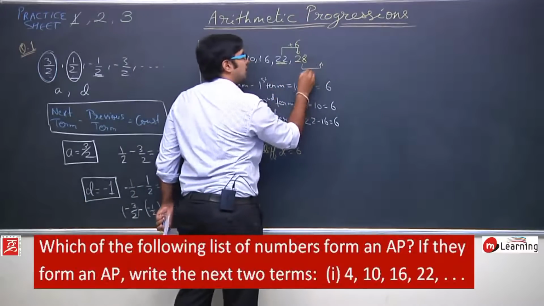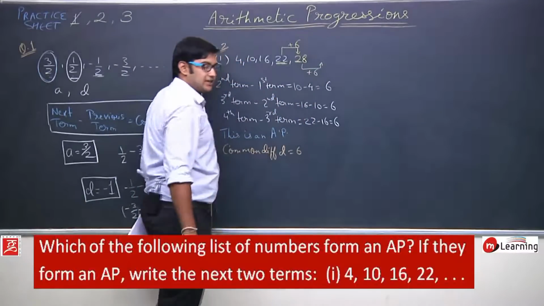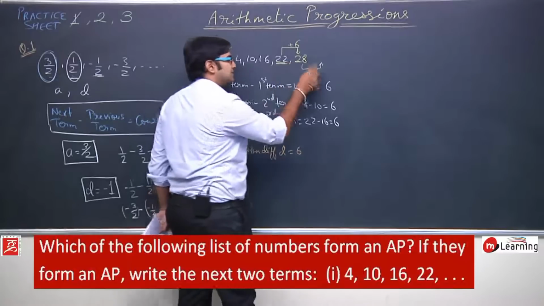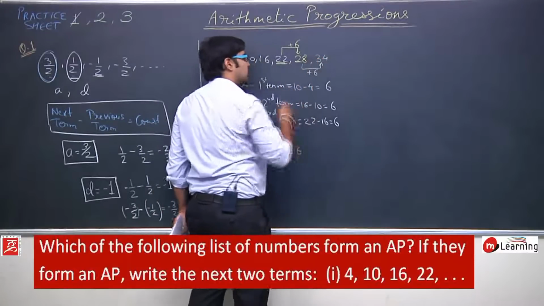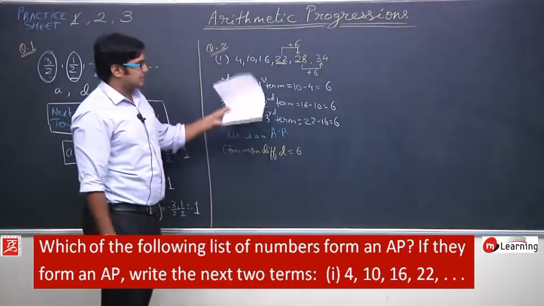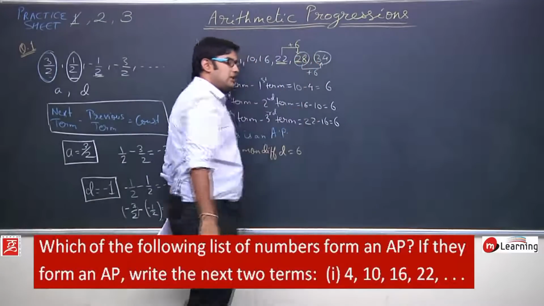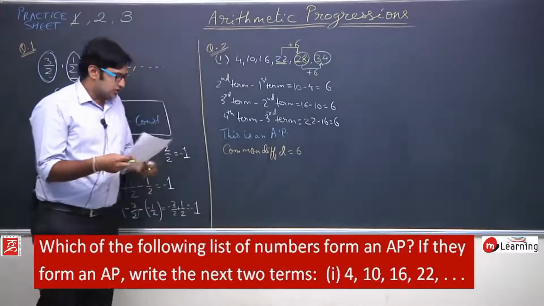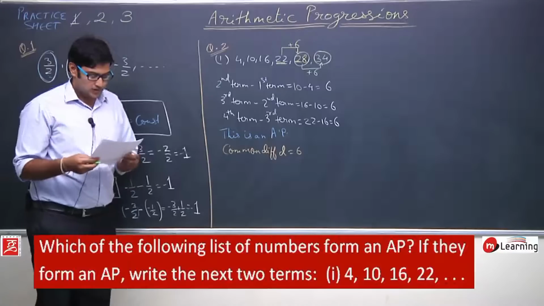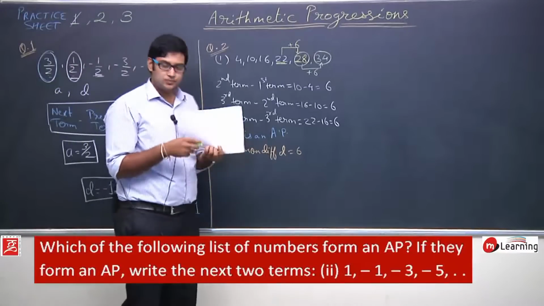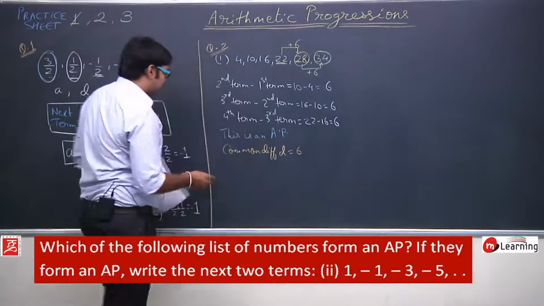So you can add 6 again to this 28. 28 plus 6 will give you 34. So this is an arithmetic progression and the next two terms are 28 and 34. So this is the first part of question number 2. Let us check the second part also. Now the second part of question number 2.